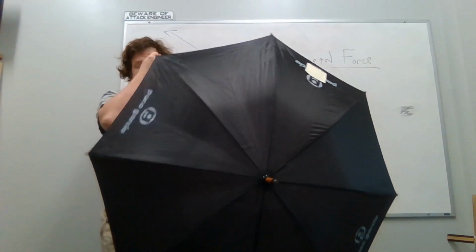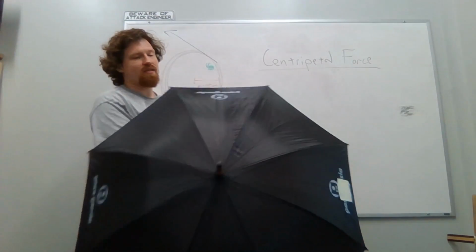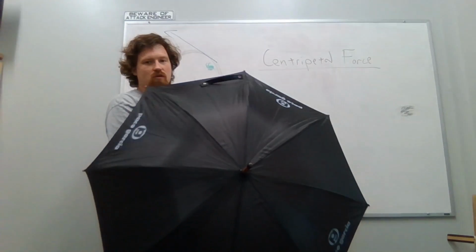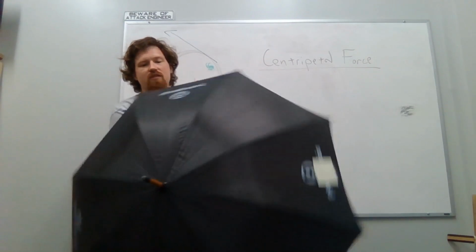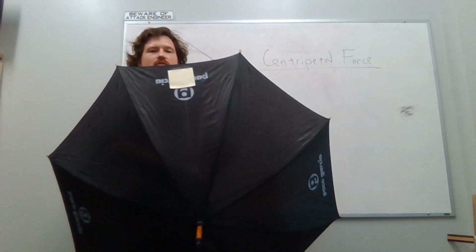But the umbrella is one single object that is rotating about its own center axis. Meanwhile, the sticky note is a separate object that is being held and forced by some outside phenomena to continue moving in this circle. Right now I've got the sticky note taped to the umbrella.